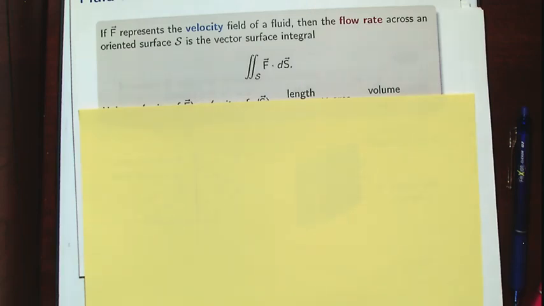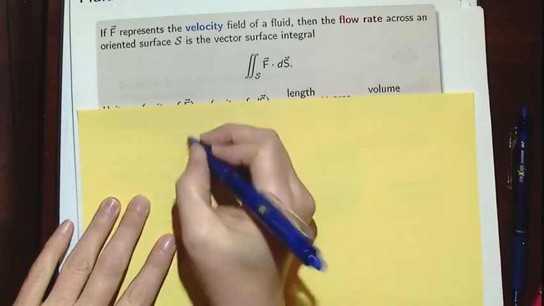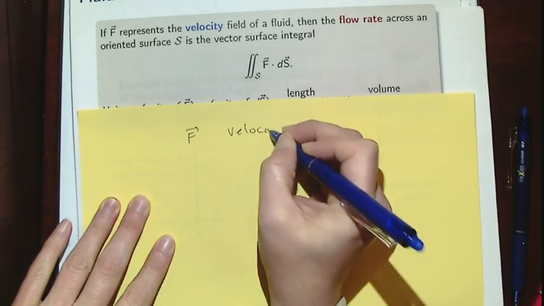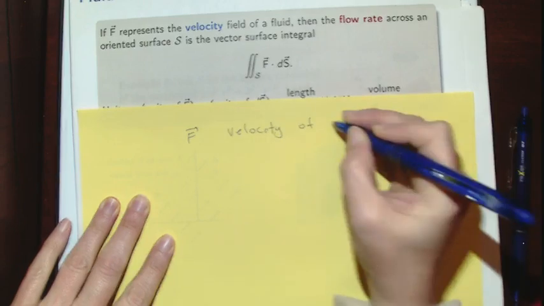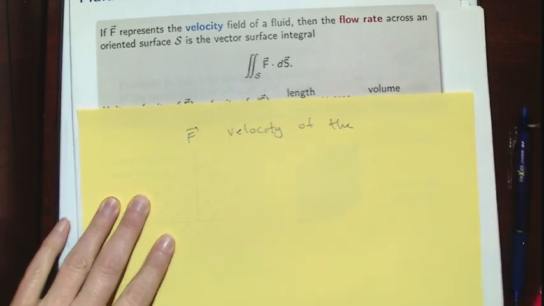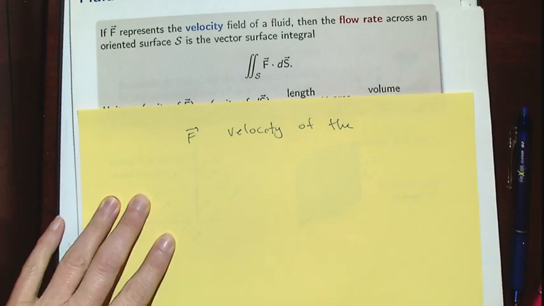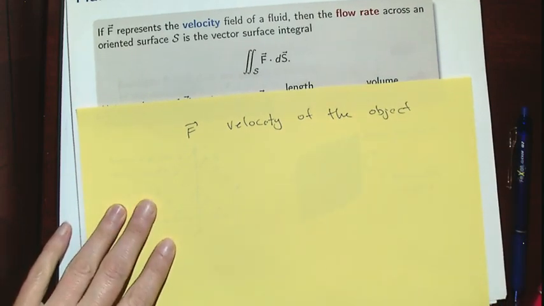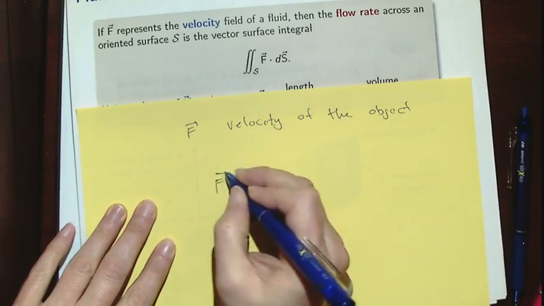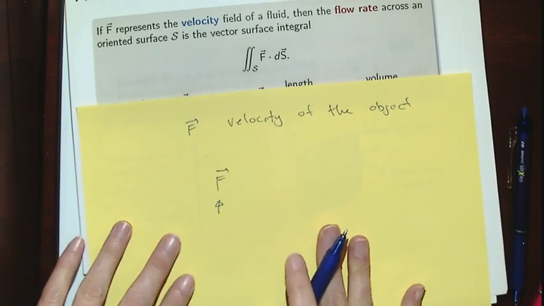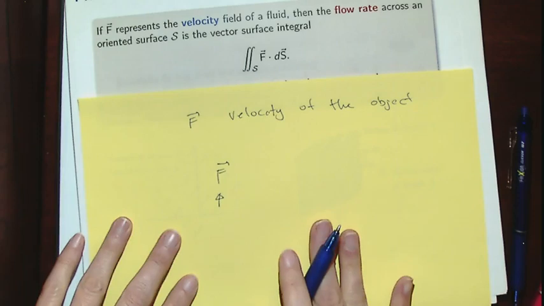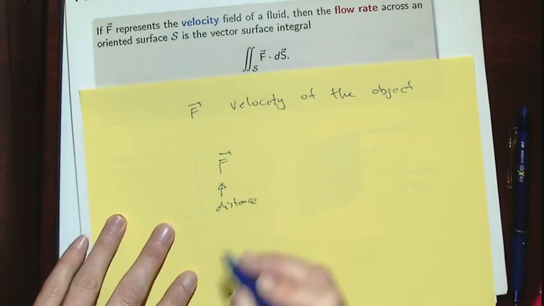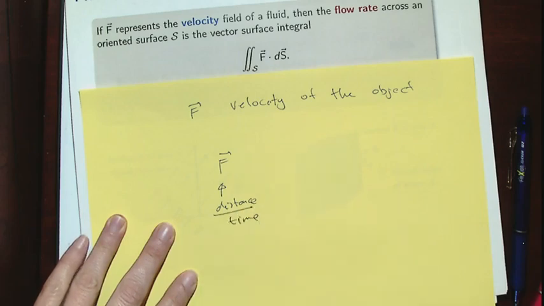So what is happening if I consider F, the vector field, to be the velocity of a small object? Let me tell you, velocity, what are the units of velocity? Units of distance divided by time.